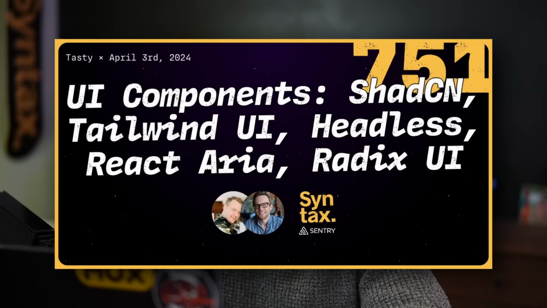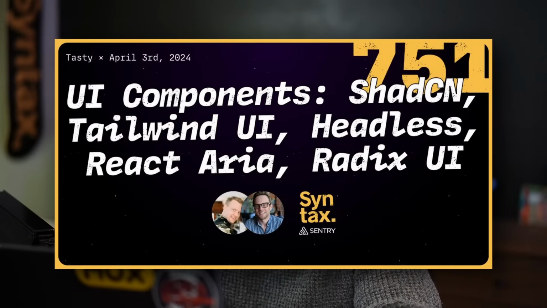Now, this is interesting because we just did a big show on this, episode 751. You can check it out at syntax.fm/751. We talked a lot about the different approaches you can take depending on how much control you want.